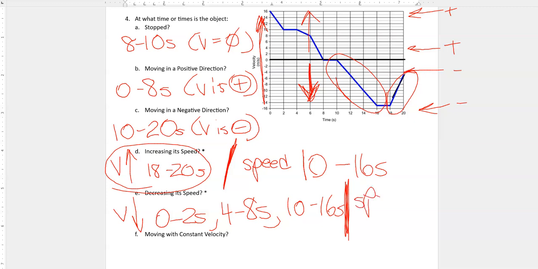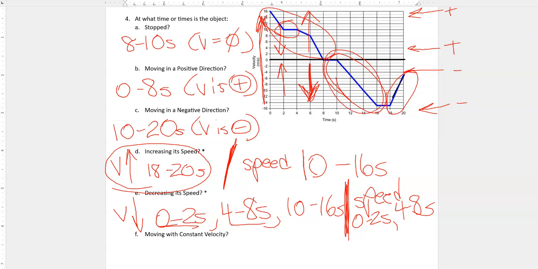But what about speed? Speed decreasing means it's coming closer to zero. And there are multiple times when that happens. The speed is decreasing here, except for this, where the speed is not changing at all. So the speed is decreasing again from 0 to 2 seconds, just like we saw over here, and from 4 to 8 seconds, just like we saw over here.